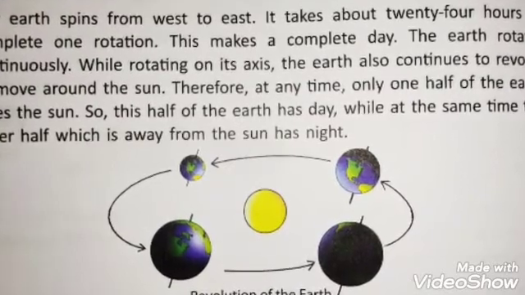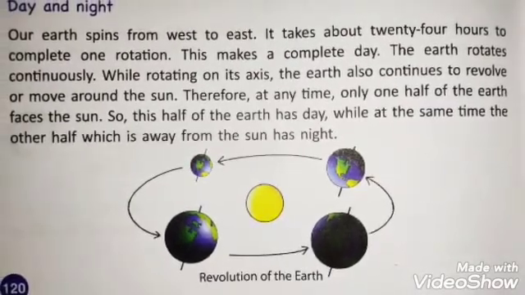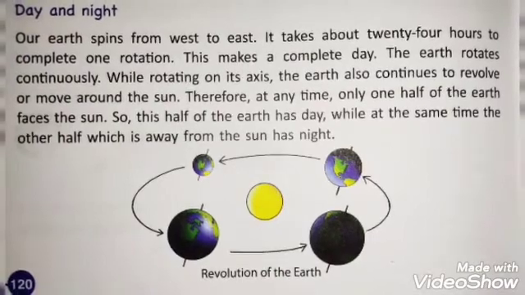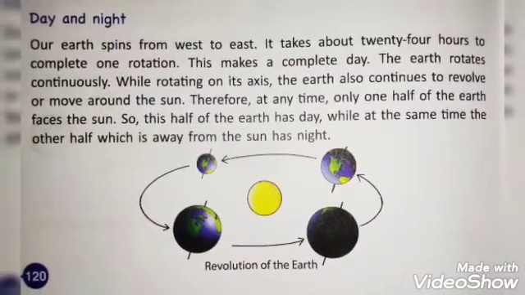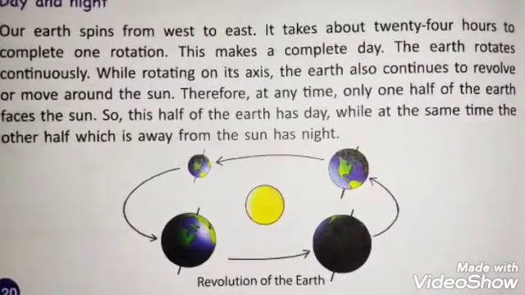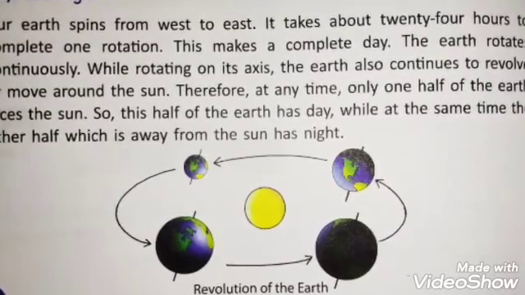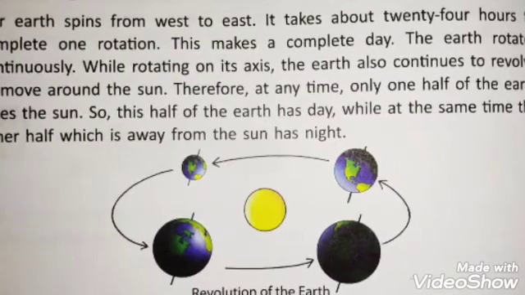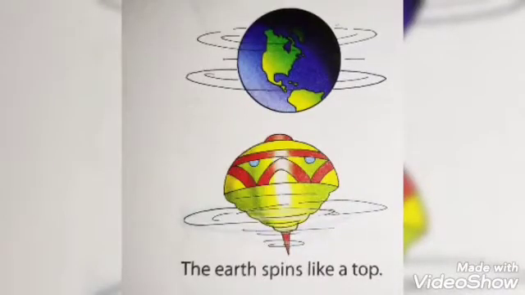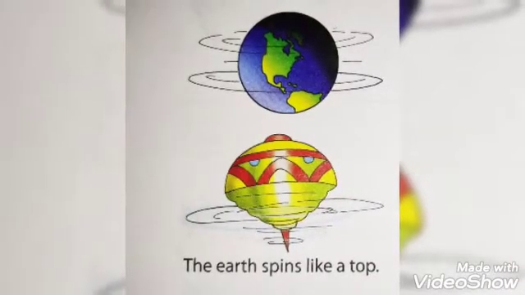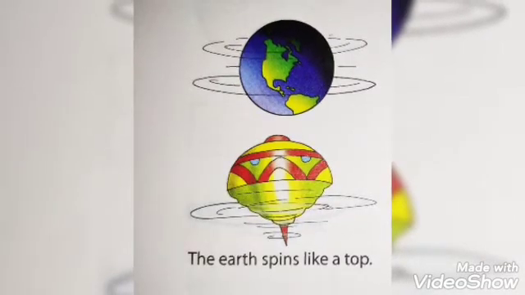Now, day and night. Our Earth spins from west to east. It takes about 24 hours to complete one rotation. This makes a complete day. So children, we say that a day has 24 hours because Earth takes 24 hours to complete one rotation.